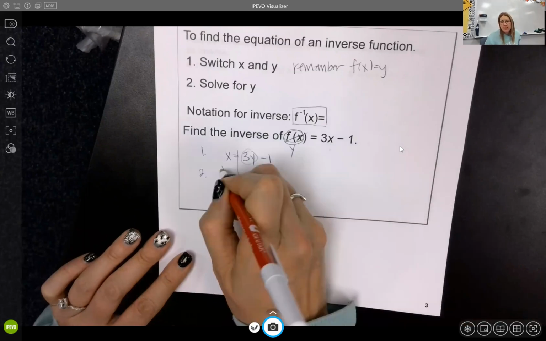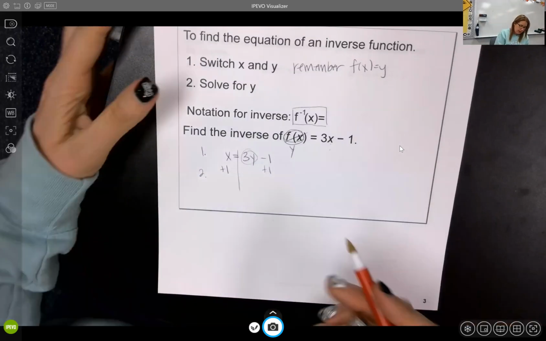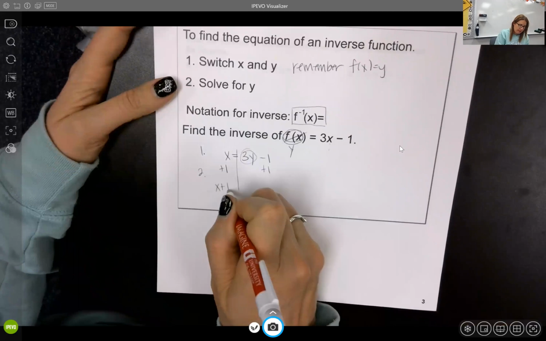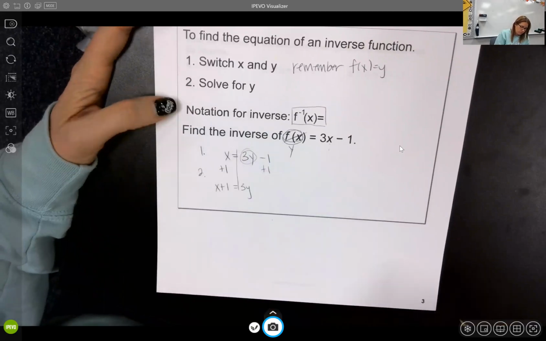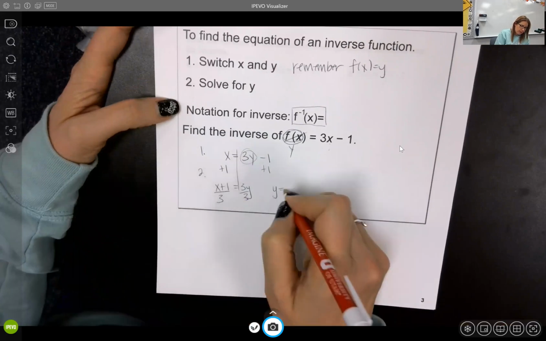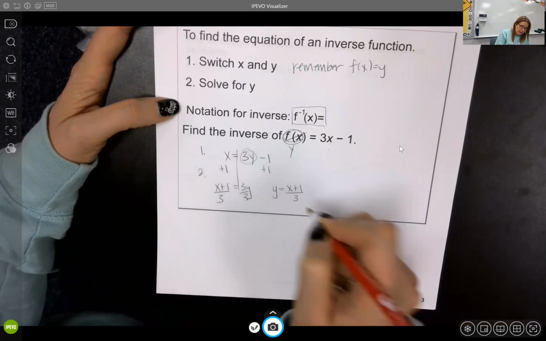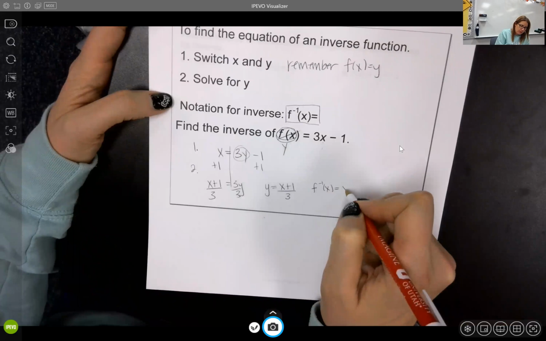When I add x plus 1, I can't do anything with that. Okay, all I can do is just write them both because they're not like terms. We divide by 3. So y equals x plus 1 divided by 3. Now, we can write this as f to the negative 1 of x equals x plus 1 over 3.